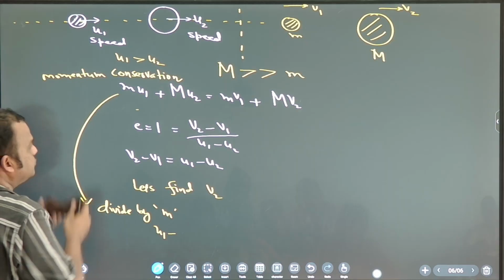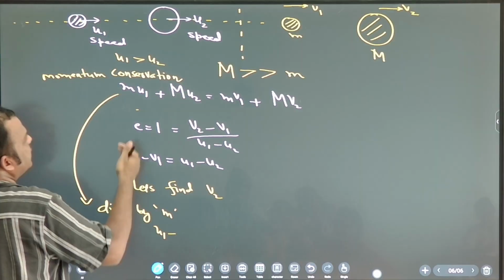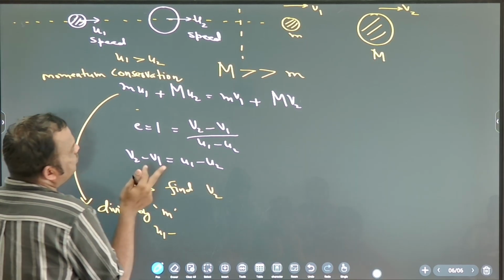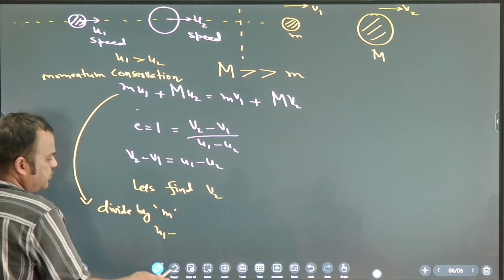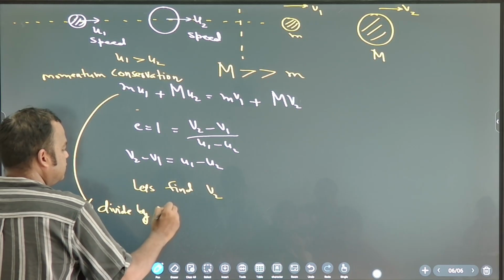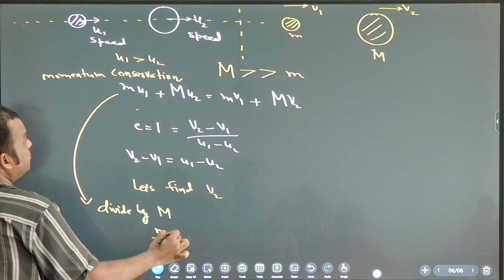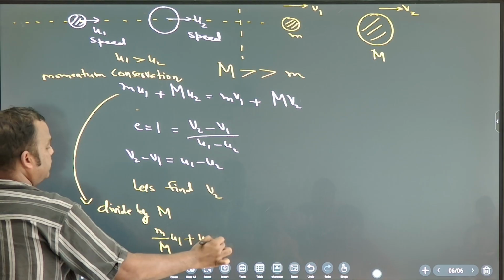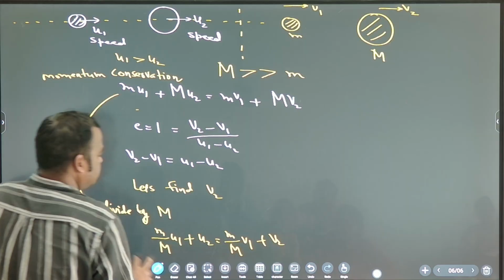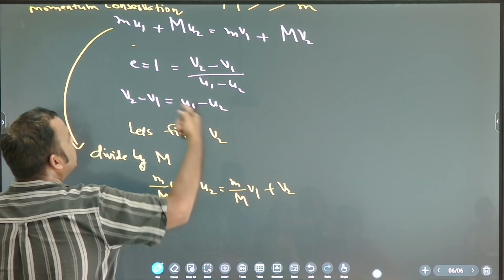Actually, we can divide by capital M also, since we have to find v2. Okay, let's divide by capital M. What do you get? m by capital M u1 plus u2 is equal to m by capital M v1 plus v2. Now find v1 from here and put it here.